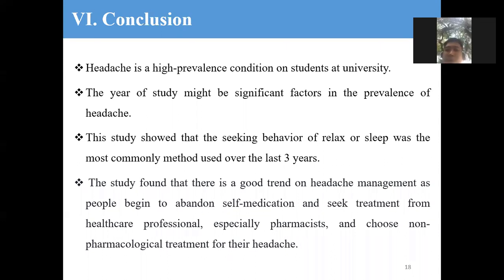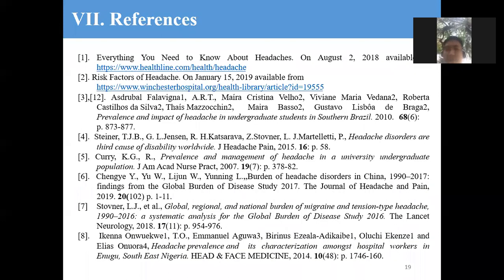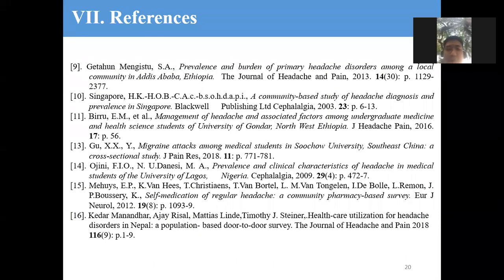The study found that there is a good trend in headache management as people begin to abandon some medication and seek treatment from healthcare professionals, especially pharmacists, and choose non-pharmacological treatment for their headache management. This is my reference. Thanks for your attention.